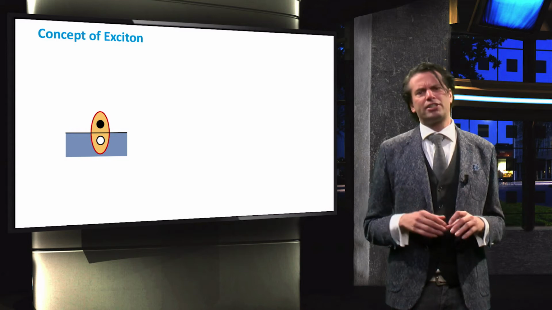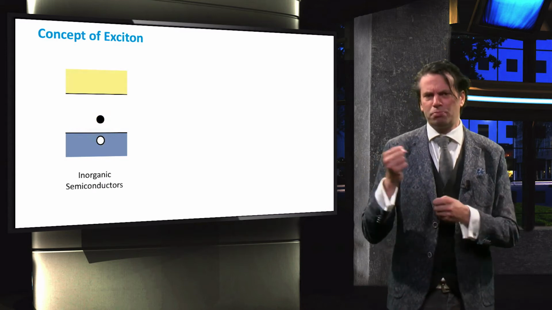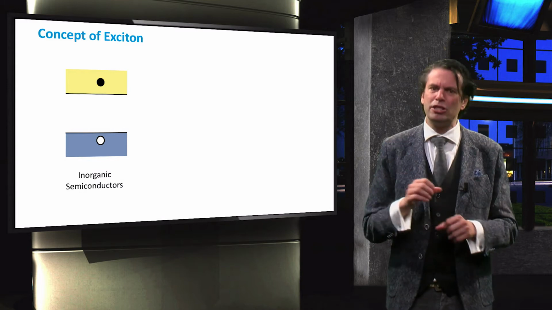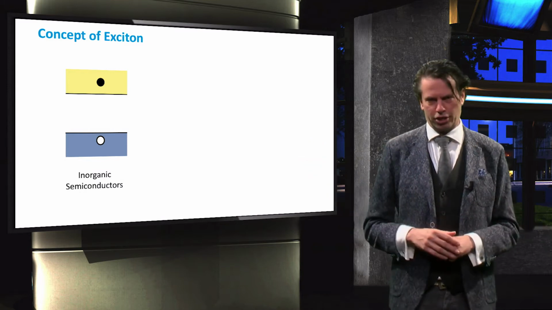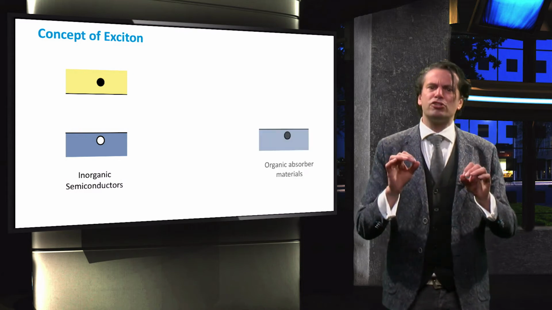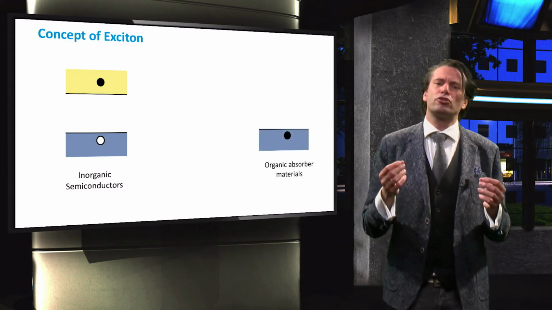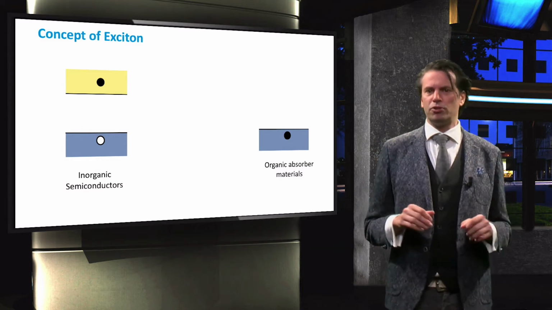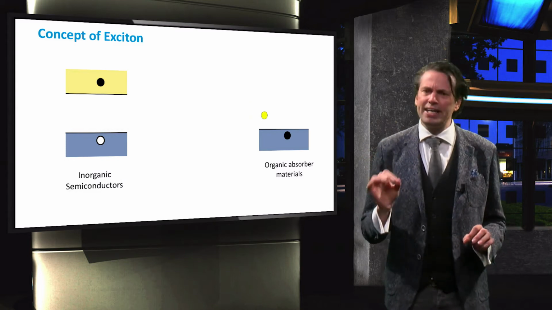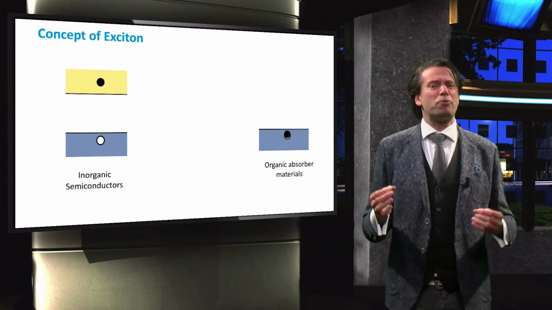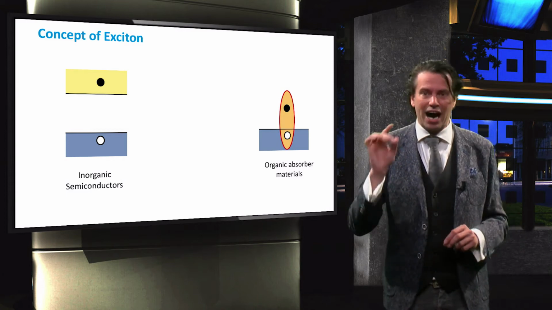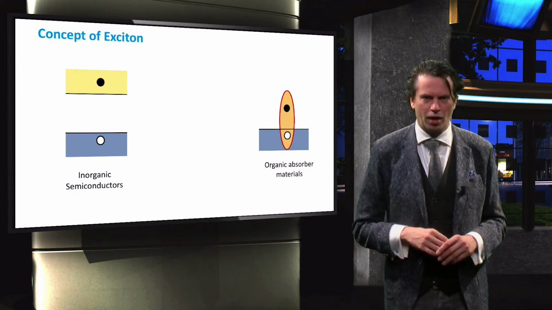In most inorganic semiconductors, the force of attraction between these two charges is very minimum, and they can easily be split into independent charge carriers. In organic materials, however, the properties of the material cause an increased Coulomb force of attraction between the excited electron and hole. This high binding energy prevents the complete separation of electrons and holes upon being excited with high energy photons.